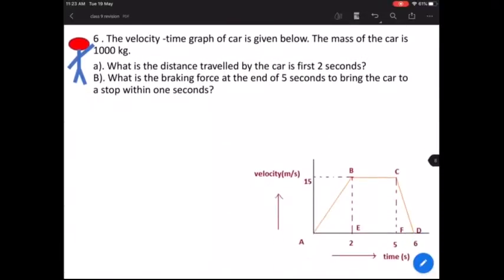This I want you to understand. The velocity time graph of a car is given below. So you are given a graph.